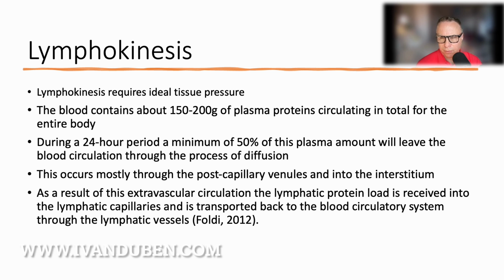Notably, the accepted viewpoint has been that only 10% of the blood volume enters the lymphatic system in a 24-hour period, which would seem an understatement considering that 50% of the blood is made of plasma, and that according to Foldy, 50% of the plasma enters the lymphatics within a 24-hour period. I think simple mathematic deduction would indicate that it must therefore be a minimum of 25% of the blood volume entering the lymphatic system within a 24-hour period.